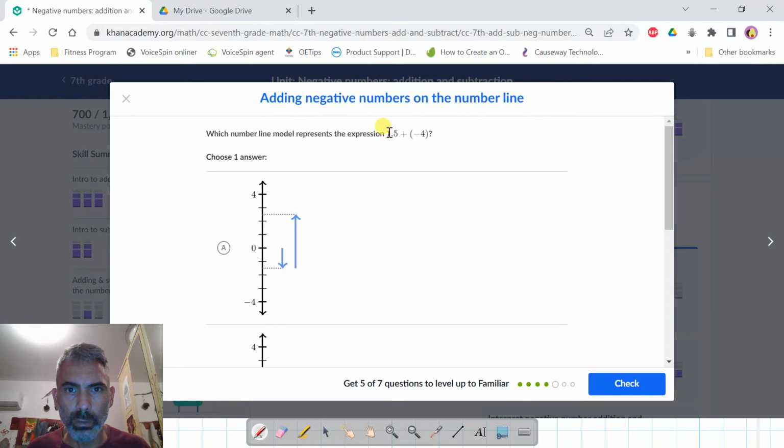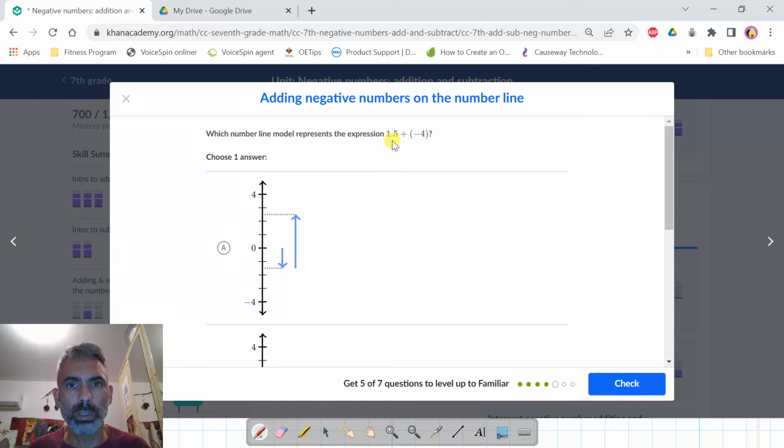See here that we have 2 numbers with different signs, 1.5 and -4. 1.5 is positive and -4 is negative. So if we have 2 numbers with different signs and we add them up, to know the result, we find the difference between the two numbers, and the result has the sign of the bigger number.